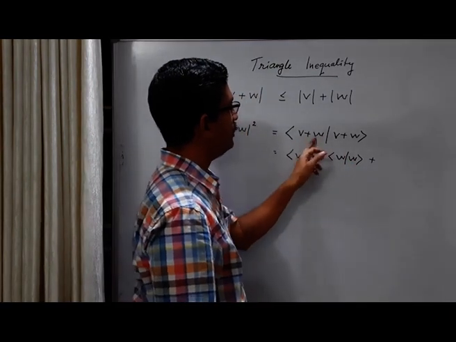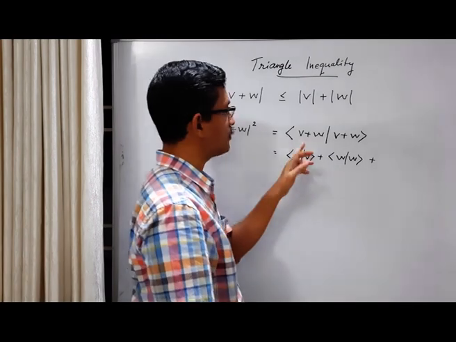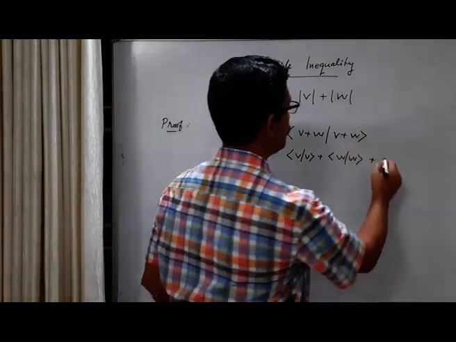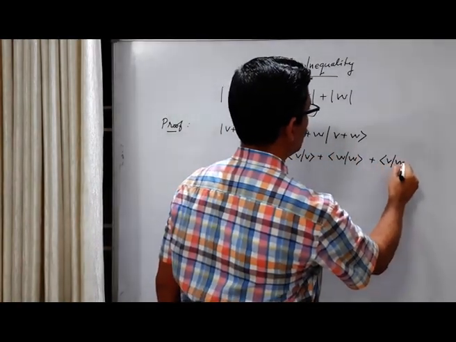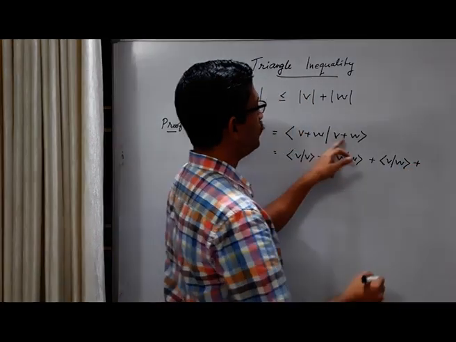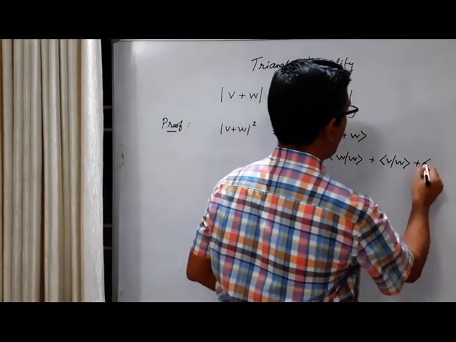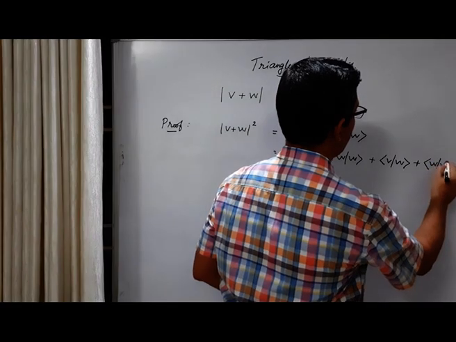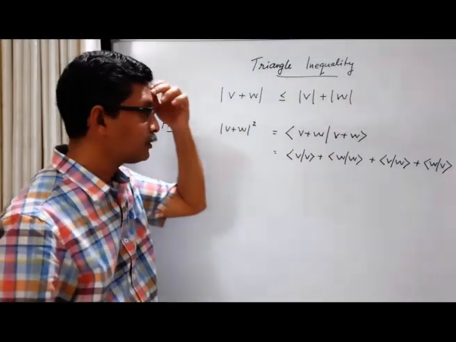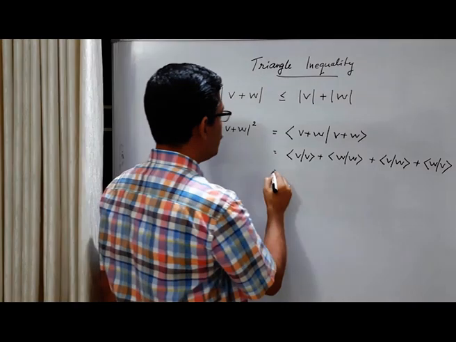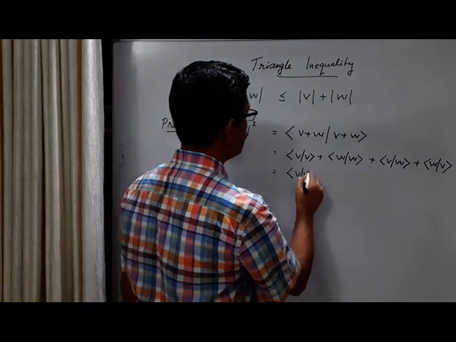So v and v, w and w. Then what are the cross terms? v with w, then w with v. Okay, these are the four terms. Now let's keep the first two terms as such.